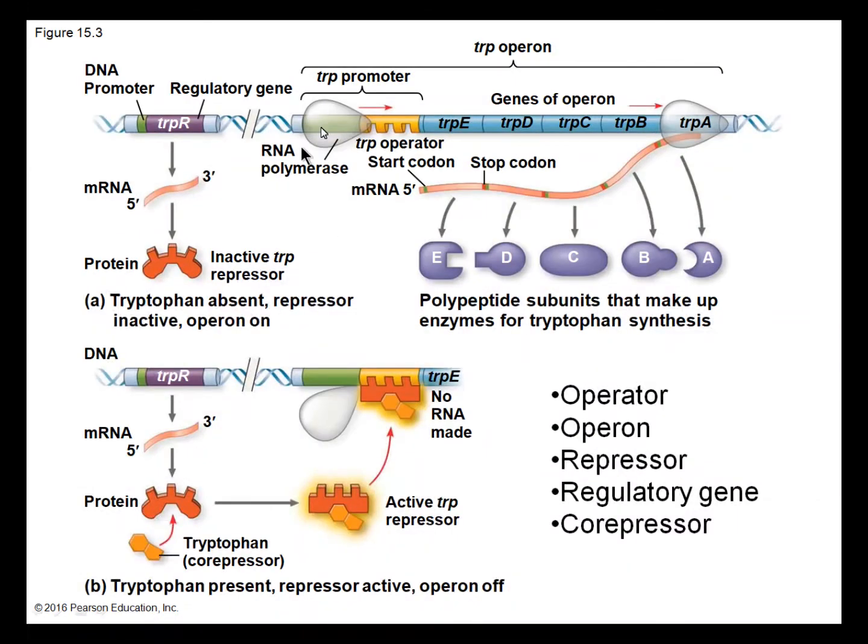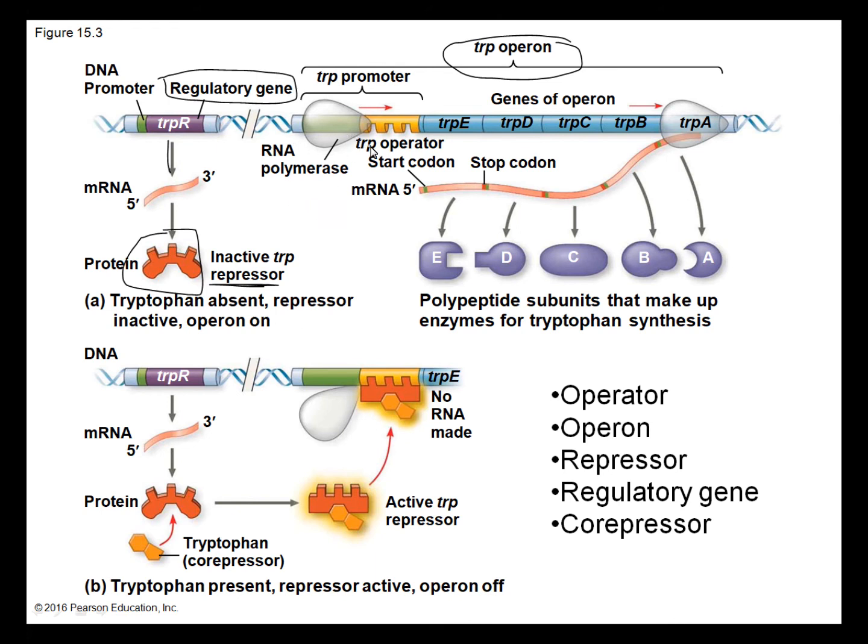So how do they look? This is how they look. This is the tryptophan operon. You have a regulatory gene, which is usually somewhere away from the tryptophan operon. This encodes a protein which is the repressor. But in this form, it is inactive, so it doesn't bind for now.